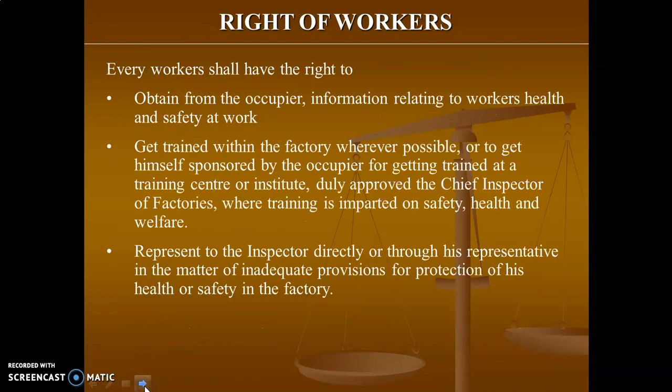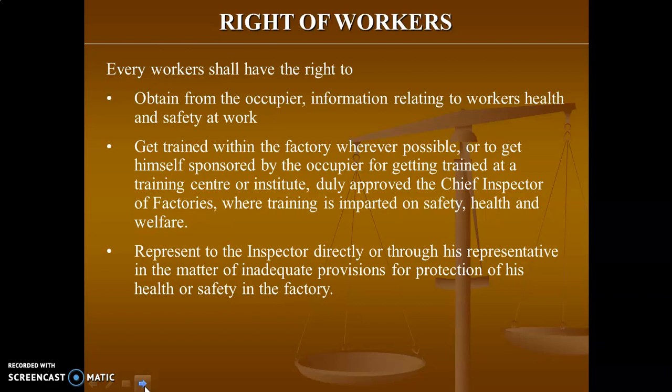Then again in this chapter, the rights of the worker have been given as a special chapter in this Factories Act. That is, what rights a worker has under the Factories Act. Information relating to health and safety has to be given by the occupier.